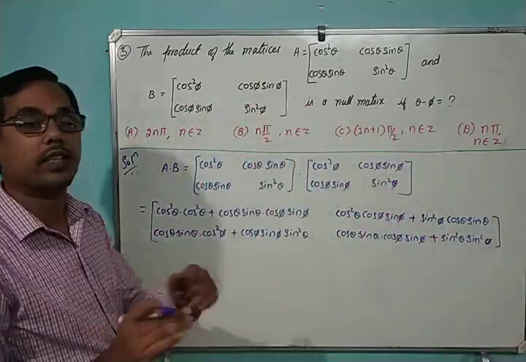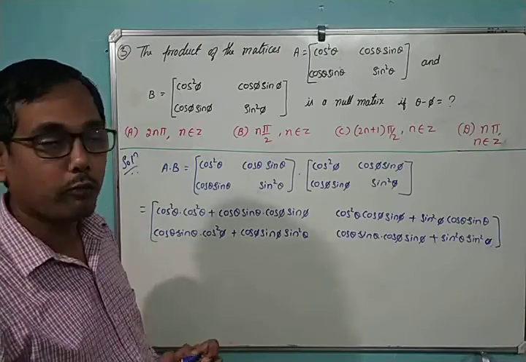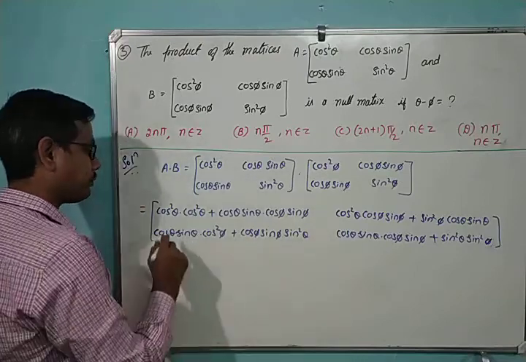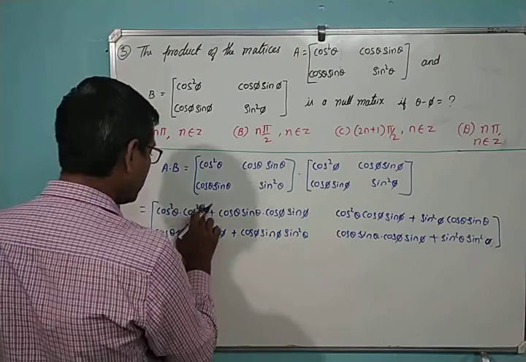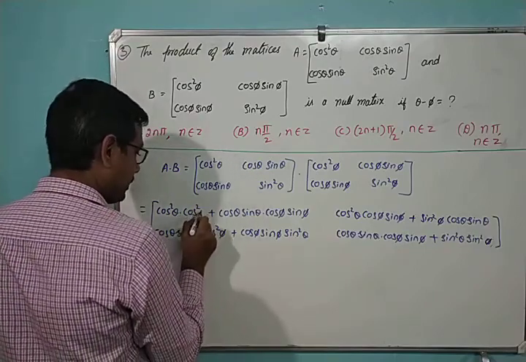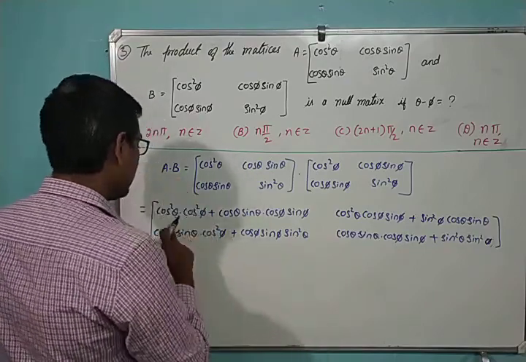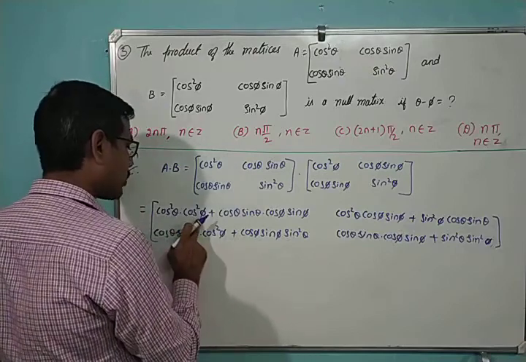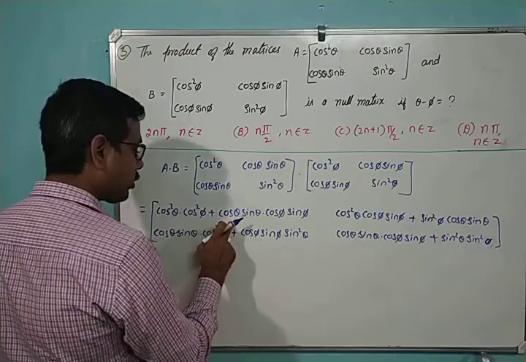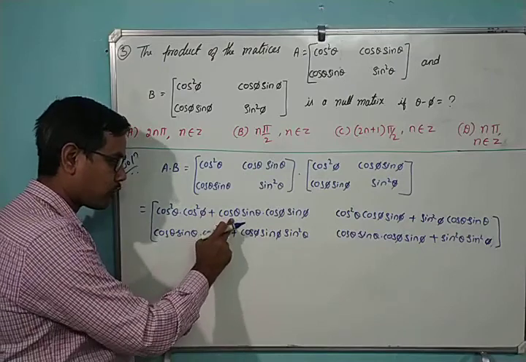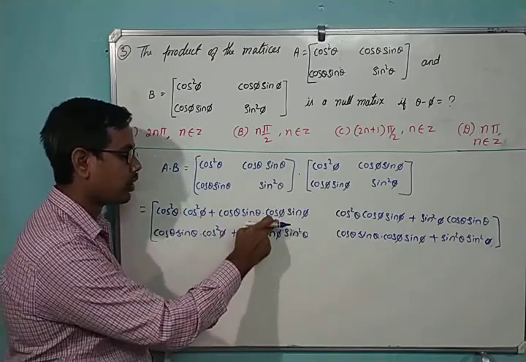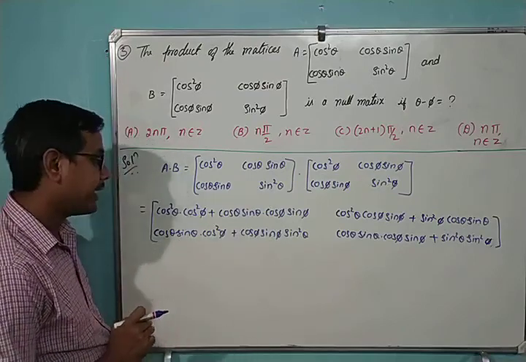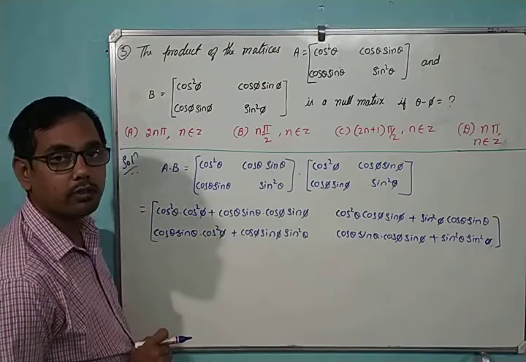Right. So there is nothing but just multiplication, applying the rules of matrices. So now here I am having cos^2 theta, cos^2 phi. Here cos theta is there, here also cos theta is there. Here cos phi is there, here also cos phi is there. So what can I take? I can take cos theta into cos phi as common.